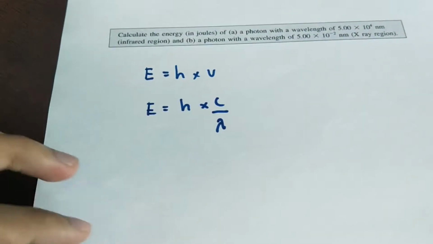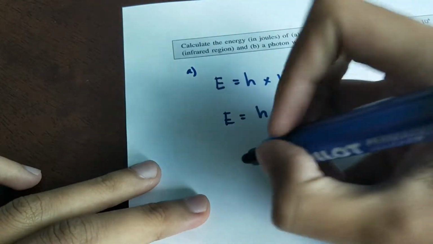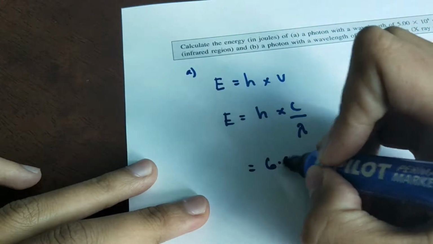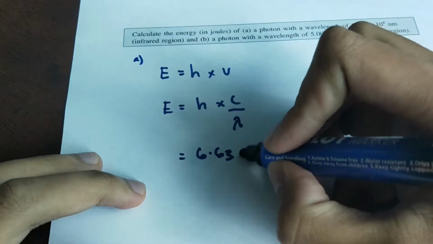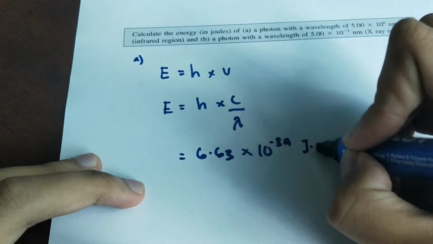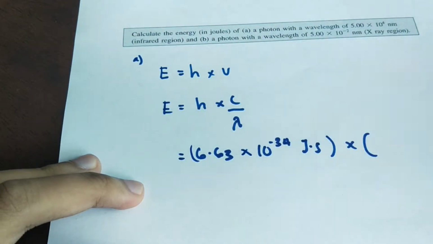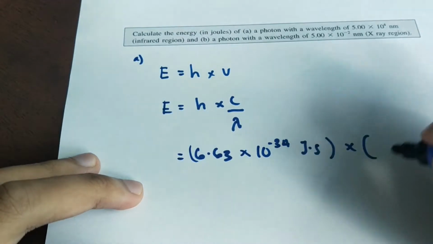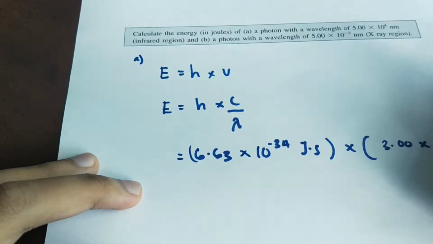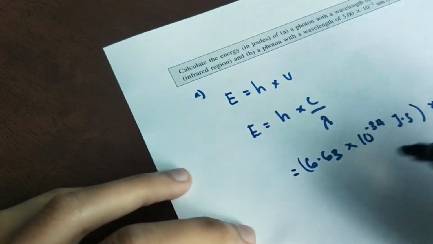So we can substitute from the question. h is 6.63 times 10 to the power of negative 34 joule second, times the speed of light, which is 3 times 10 to the power of 8 meter per second, over lambda.